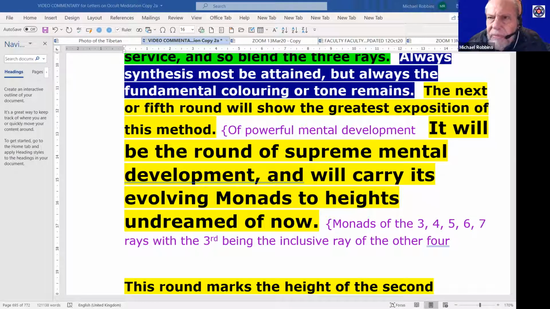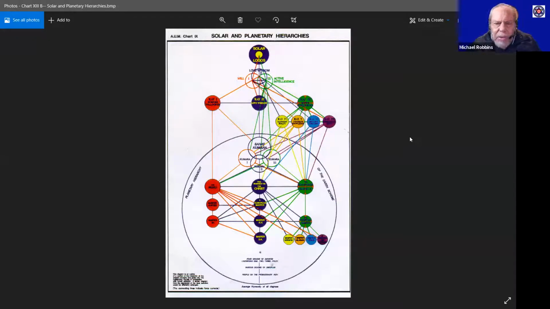Let's see where we are here. And maybe I can show something when we look at these 4 subsidiary rays to the third ray. They are indeed subsidiary, and there is a green line connecting with all of them. But at the same time, you may notice that under the third ray overlordship or prominent position, we have rays 4 and 6 with Master Serapis and Master Jesus going in a blue line towards the Christ, and at the same time rays 5 and 7 going in red lines towards the Manu.